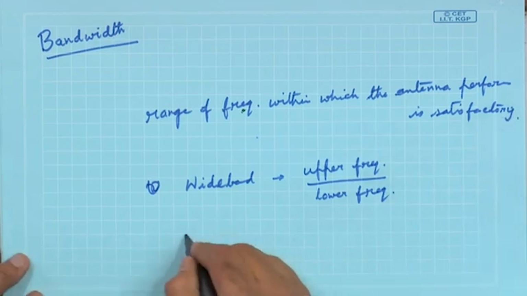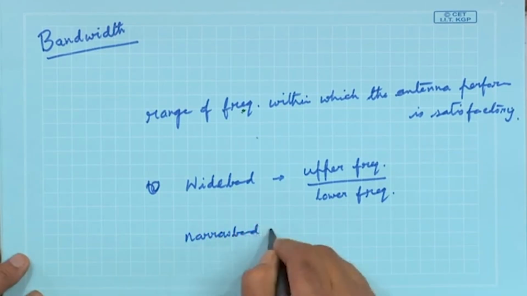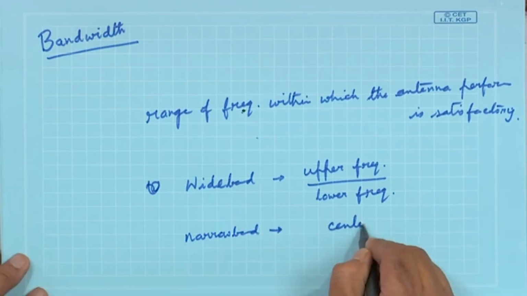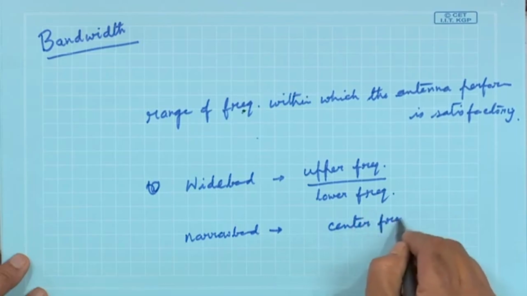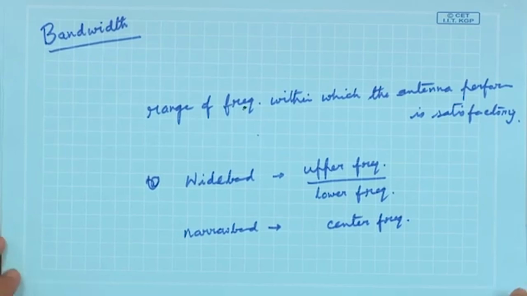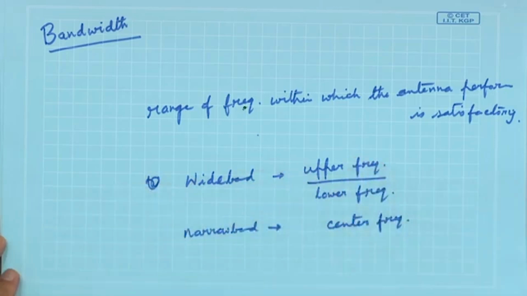For narrow band antennas, generally there is a center frequency. So, within the range of acceptable frequency there is a center frequency, and people specify how much you can go on both sides about that center frequency.